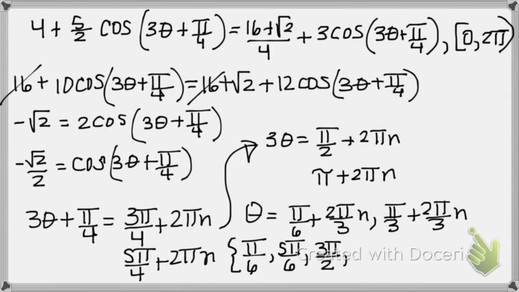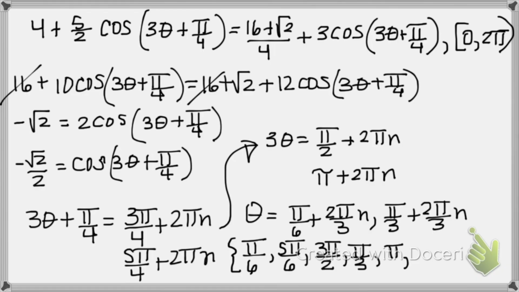Okay, and then moving on to this one over here, the pi over 3. This should be pretty simple. If I let n be 0, I'm going to have pi over 3. If I add 2 pi over 3, I'm going to have 3 pi over 3, which is pi.